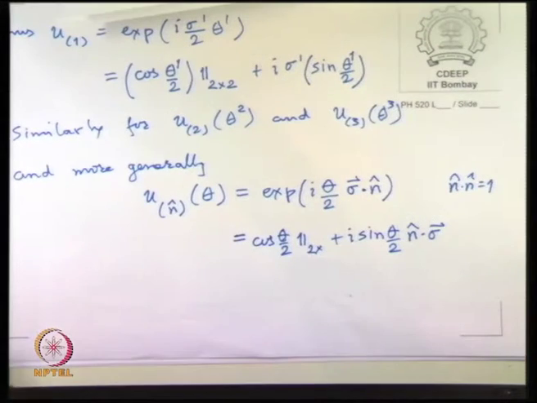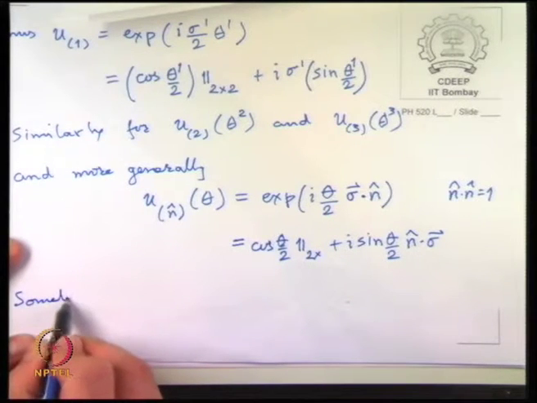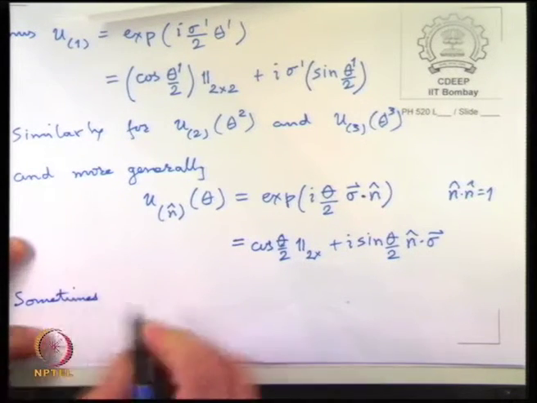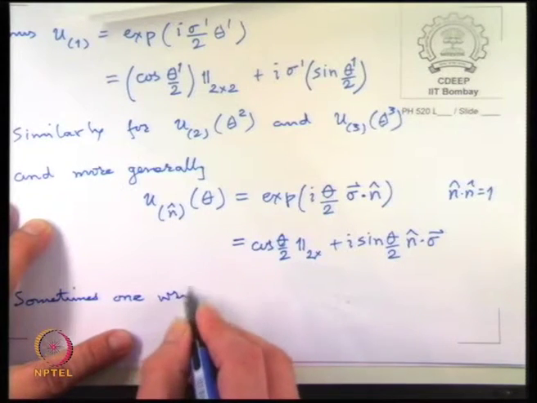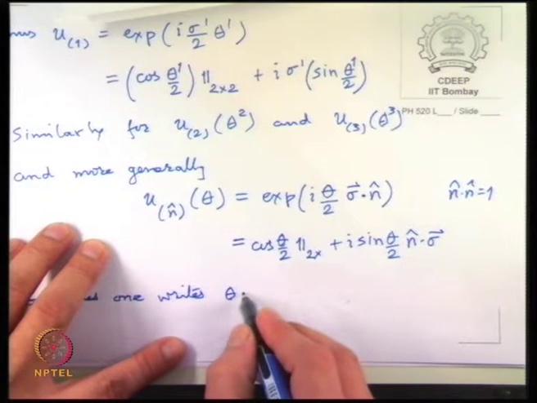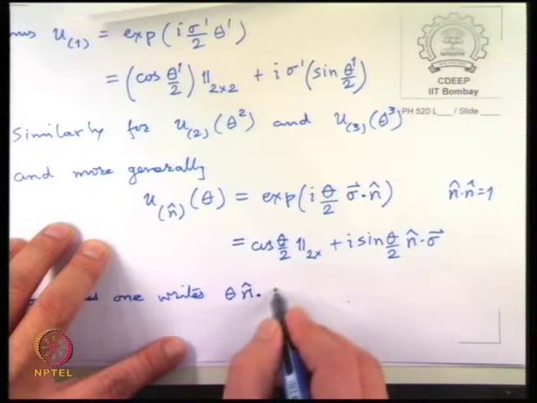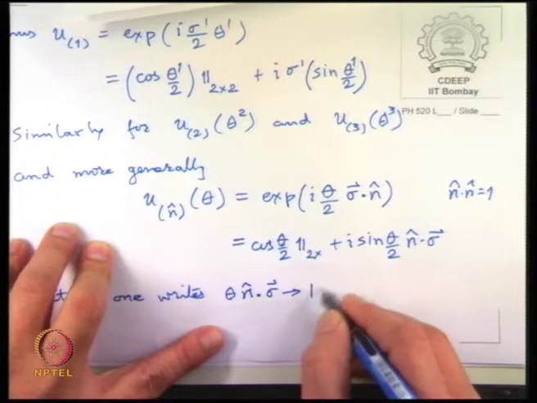Okay, sometimes people also write theta times n cap dot sigma, converted to be as if it is theta times a direction vector.